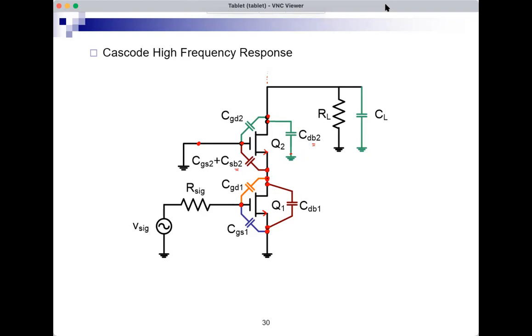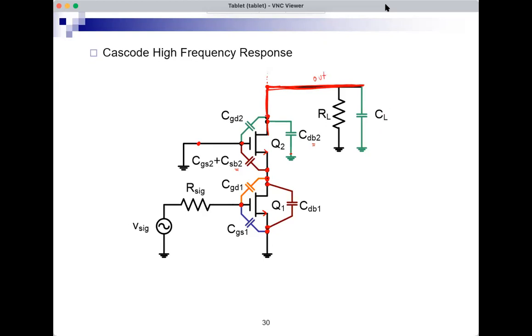If you look at the colors of the capacitors, let's consider the green capacitors first. All the green capacitors are from this node, which is the output of the cascode, to ground. So first, CL is from this node. This is all one electrical node. CL is from this node to ground, and this is the output node.